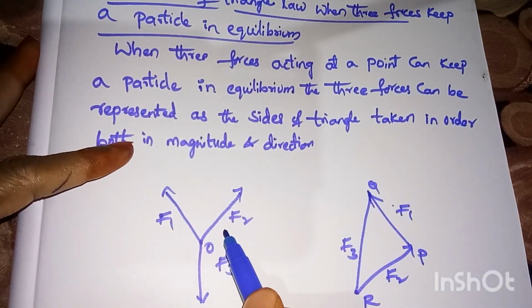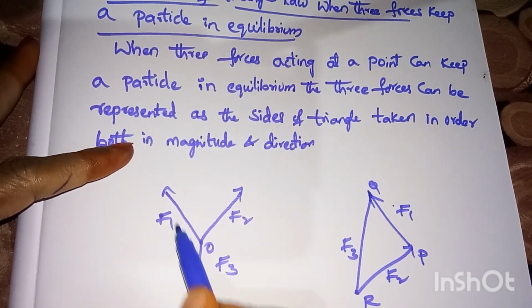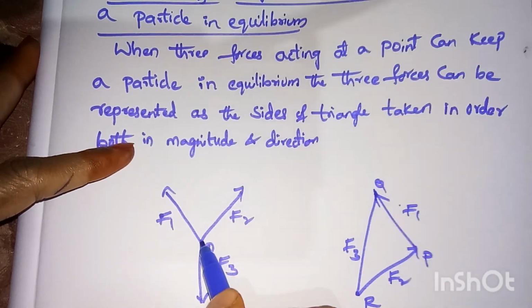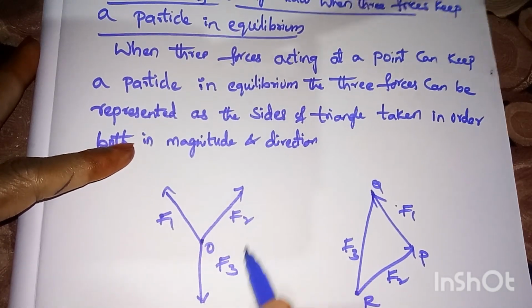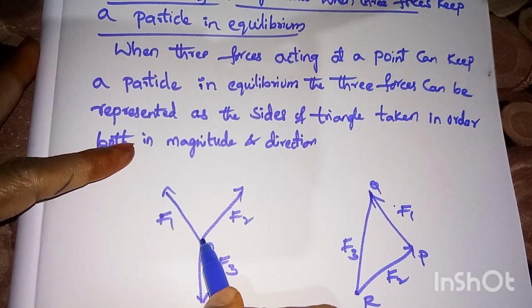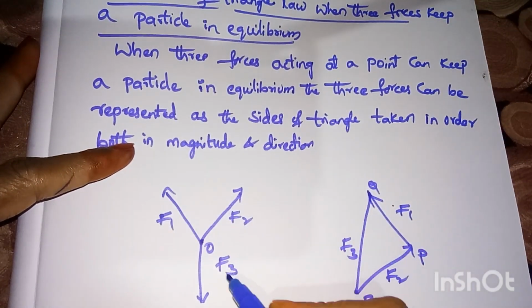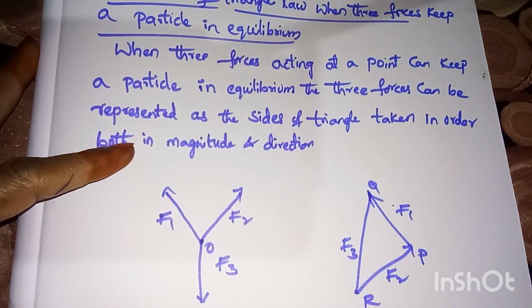From the figure, F1, F2 and F3 are three forces acting at a point O, where there is a particle in equilibrium.